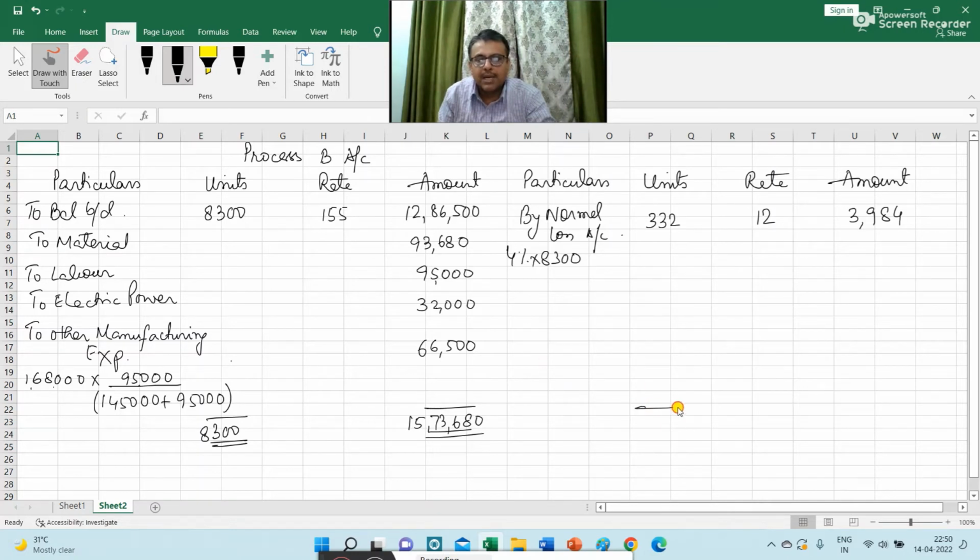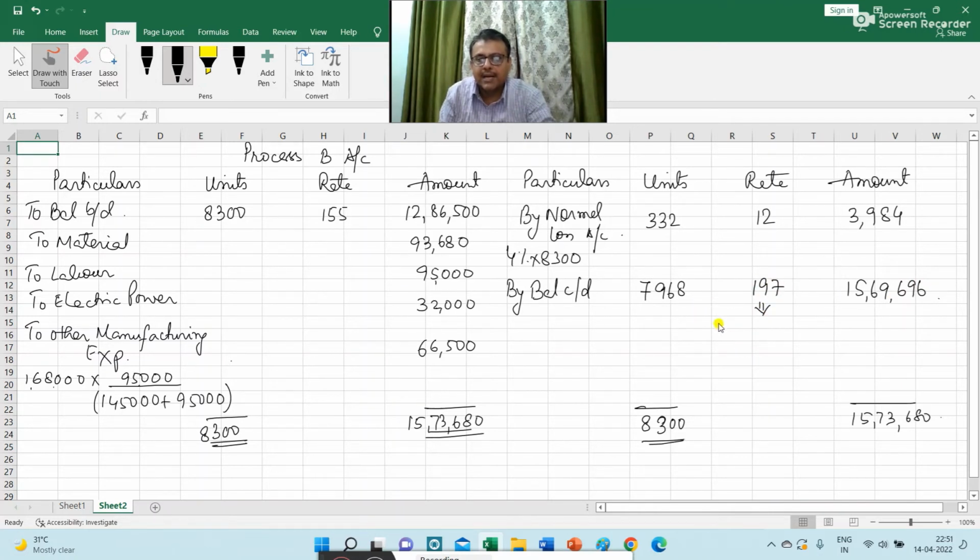So here I am writing 8,300 and the total cost as 15,73,680, and this I am writing as by balancing figure. So by balance CD will be 7,968, and this is 15,69,696. So this is valued at rupees 197.